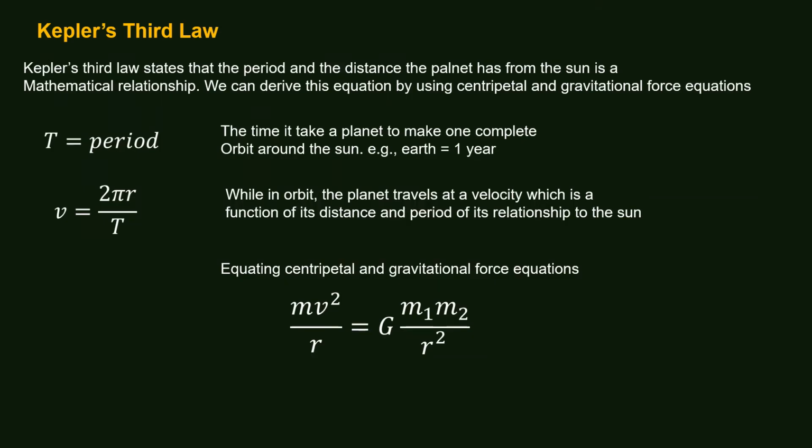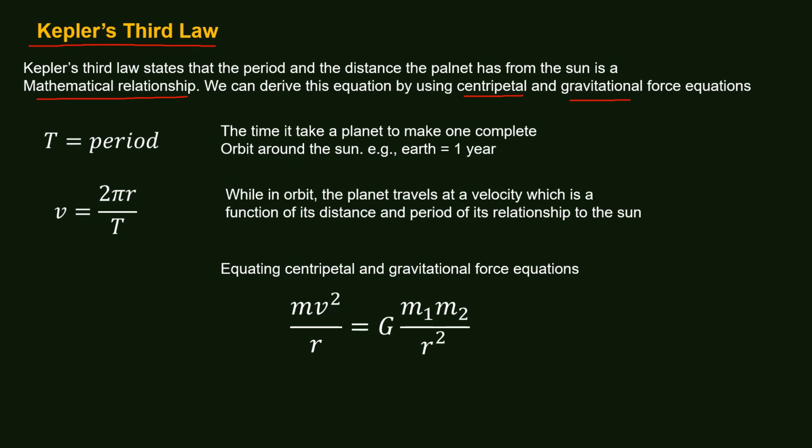So Kepler's third law is the one that we are going to be working with. The third law states that the period and the distance the planet has from the sun have a mathematical relationship. We can derive this equation by using the centripetal and gravitational force equations.